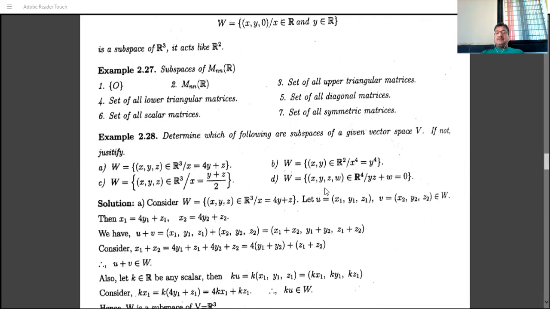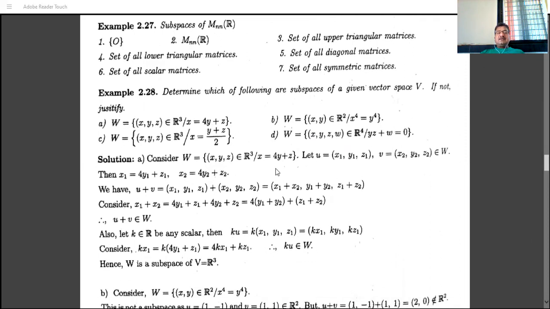This is a subset of R2. These two are subsets of R3. So we have to determine whether these are subspaces of R3. We have to determine whether this B is a subspace of R2. We have to determine whether this W is a subspace of R raised to 4. So their answers are given.